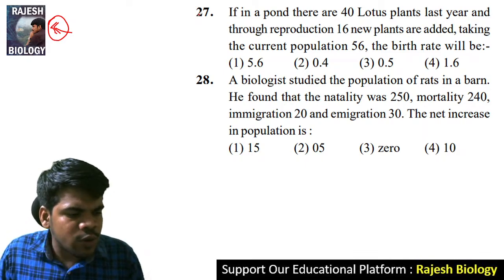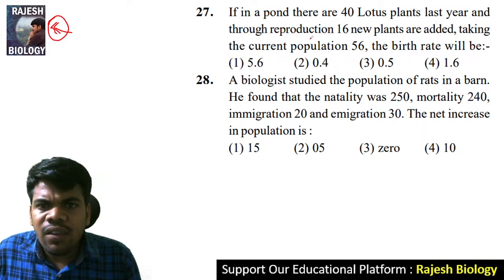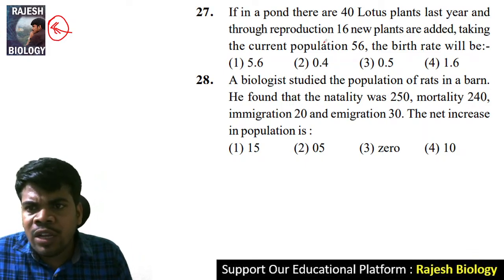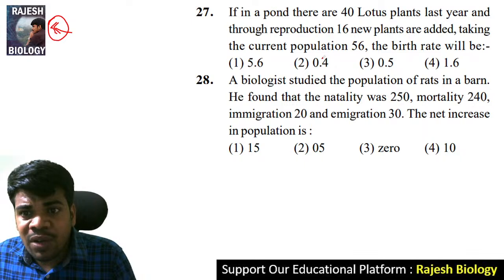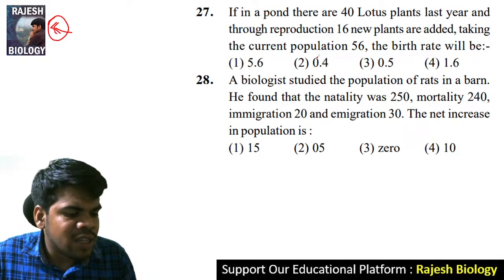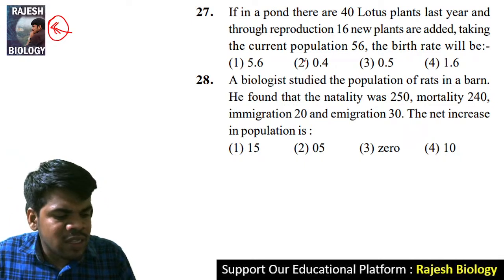Come to the 27th question. If in a pond there are 40 lotus plants last year and through reproduction 16 new plants are added, taking the current population to 56, the birth rate will be? Yes, it is a very important question. They will ask this type of question.